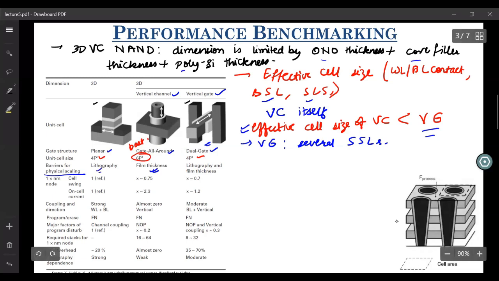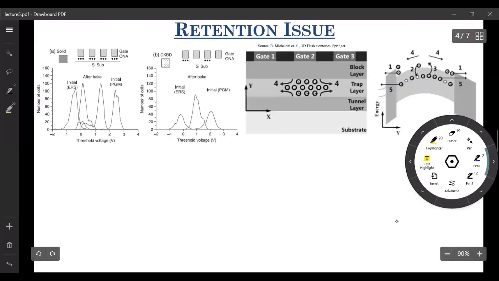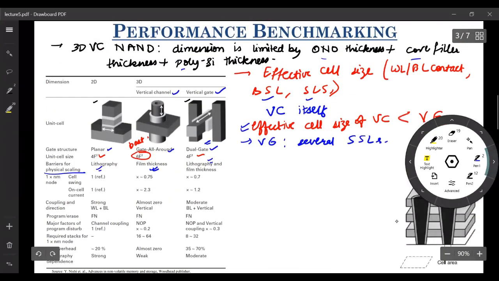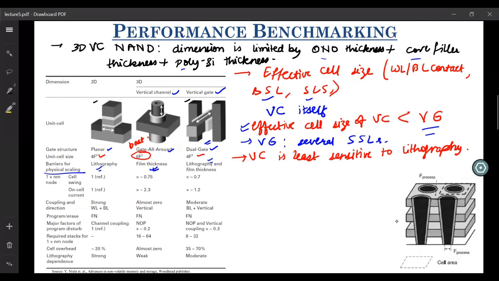It's lithography for your 2D NAND flash, and it's lithography in one dimension and thickness in the other dimension for the vertical gate. Another important conclusion that we can make from here is that your VC is least sensitive to lithography. And since it's least sensitive to lithography, scaling is not a big issue for it, right?